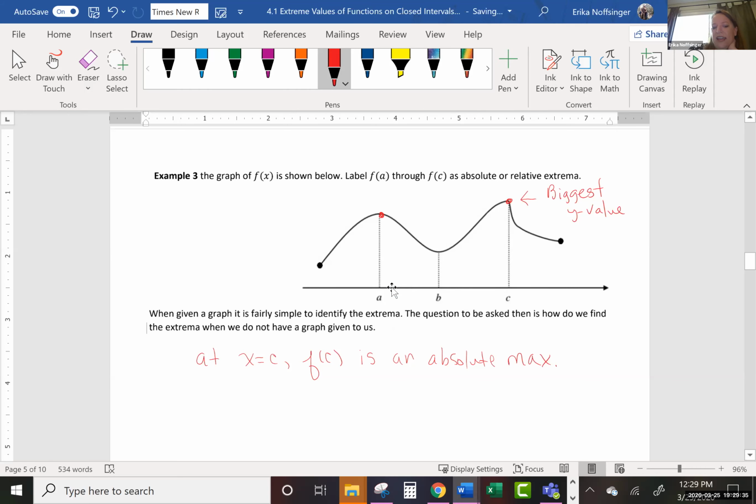So when x equals a, f of a is a relative, another way they call it is local, max, because it's not the highest one on that graph.